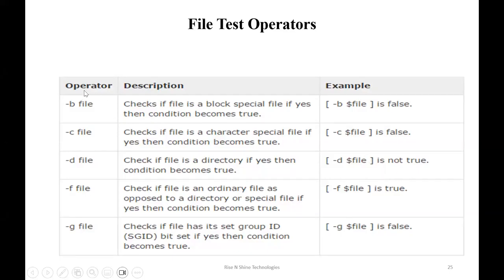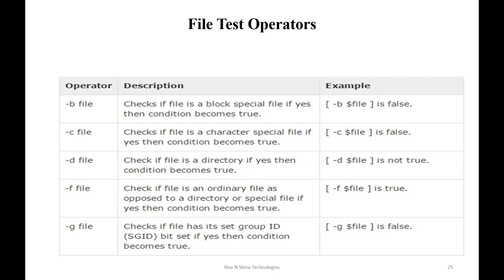We have these important operators. Quickly, hyphen b is to check for a block special file. So, is it a block device or not? Suppose you mount any disks, they all come under volumes. Suppose I attach a pen drive to the system, that is an external disk which has been attached, right?